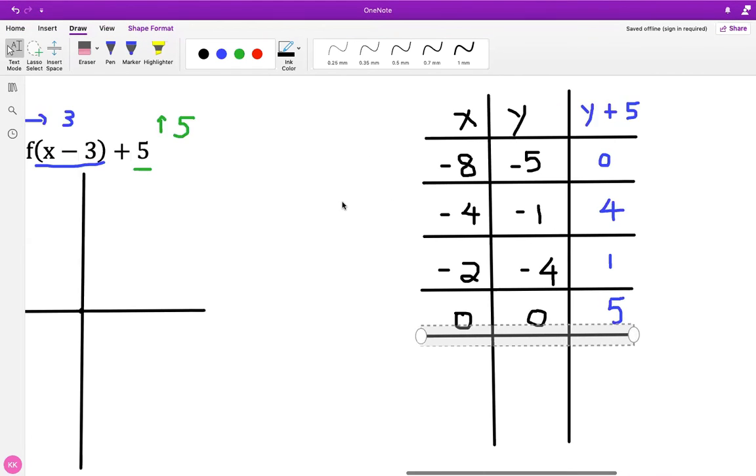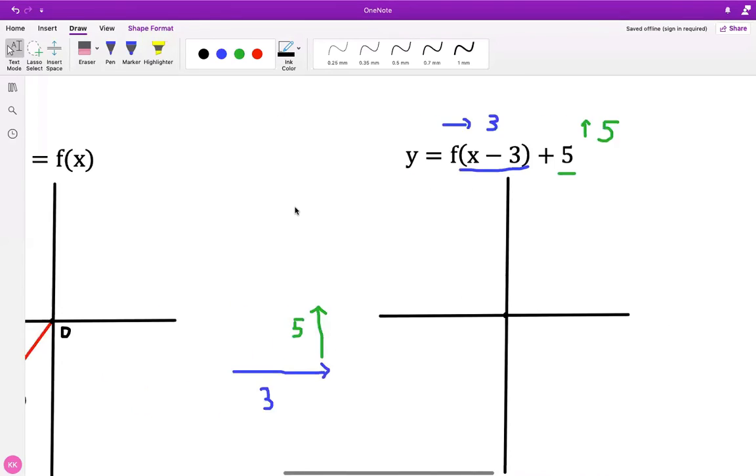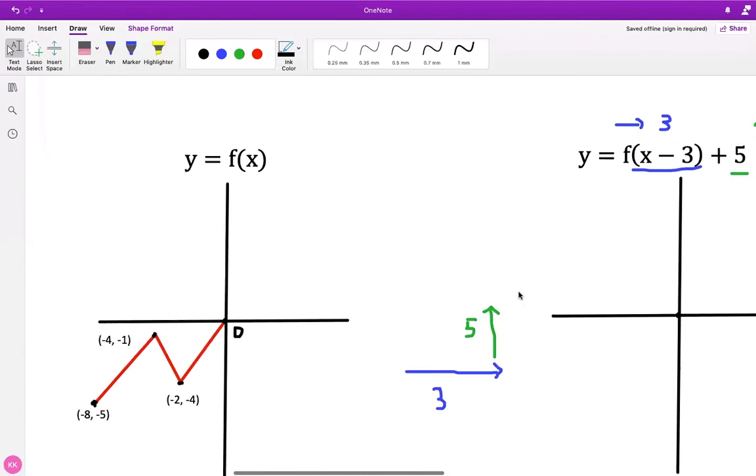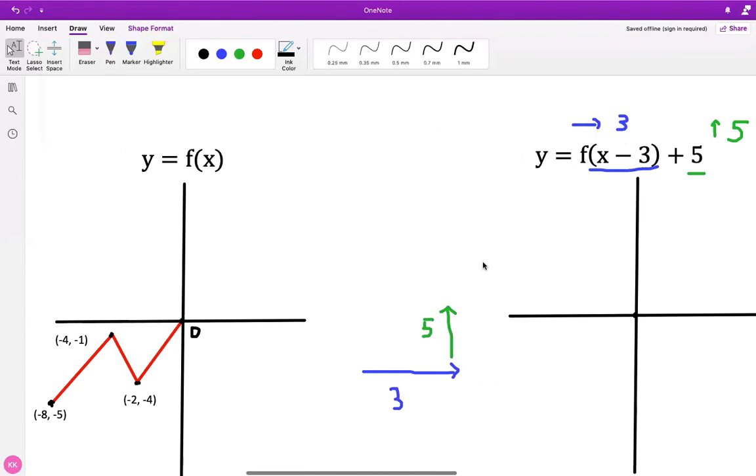Remember, I also need to transform this function 3 units to the right. If you remember from the previous lecture, shifting the function to the right or left does not affect the y coordinate. It only affects the x coordinate. To shift the function to the right, I just need to add 3 to the x value, because if you move the function to the right, the x values keep increasing.